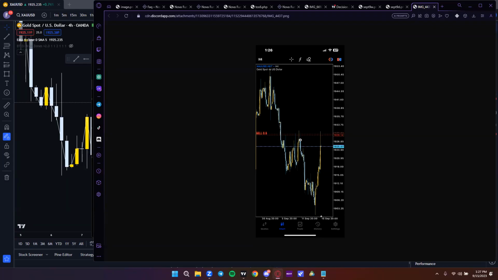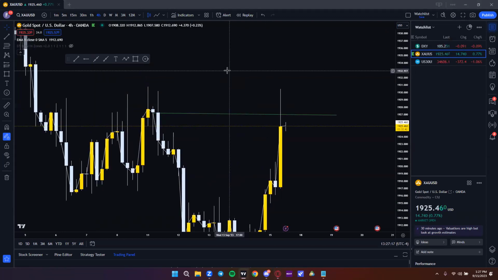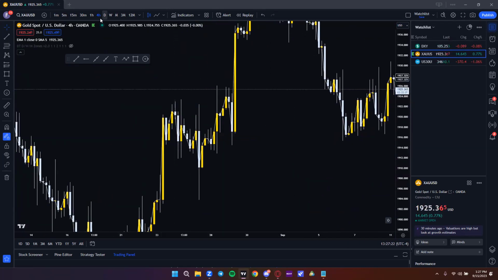It found this level in the trend line. So entry here, it's holding. For me, my take profit would probably be just the end of the day. I'll close it before market close. Whatever I get, I get. It's all good. Let me show you an example of when the breakout level does work.